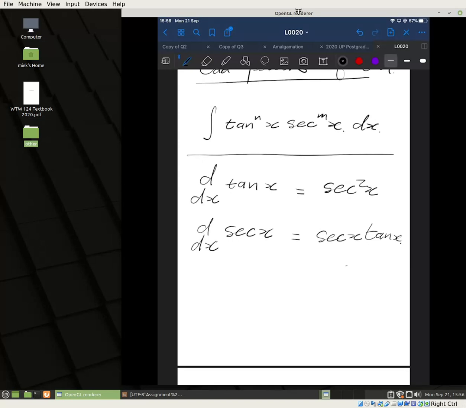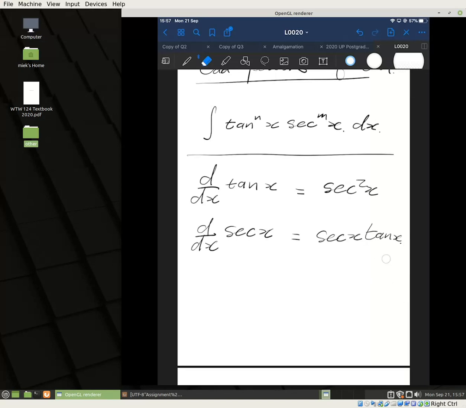And just for good measure, this doesn't hold everywhere. This is when x is not equal to pi over 2 plus k pi, where k is an integer. You can think of why that is. That is because the tan and the sec functions have singularities at these values.